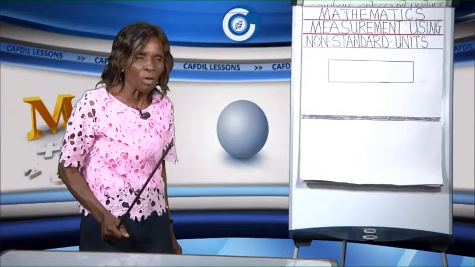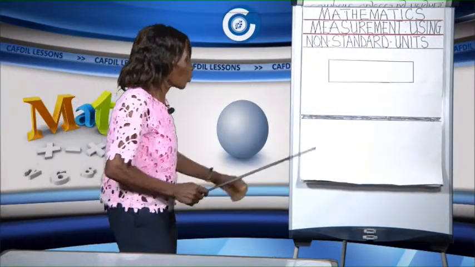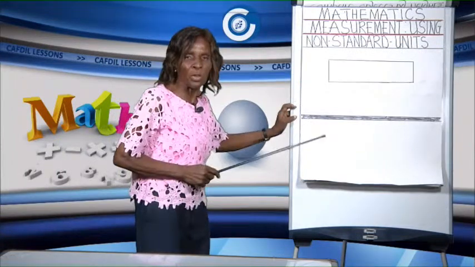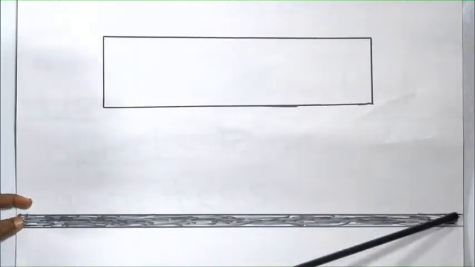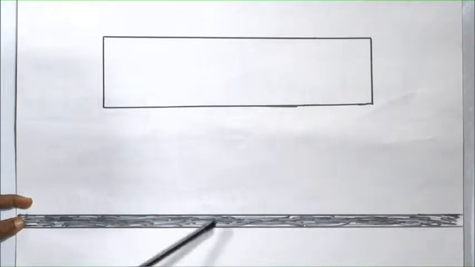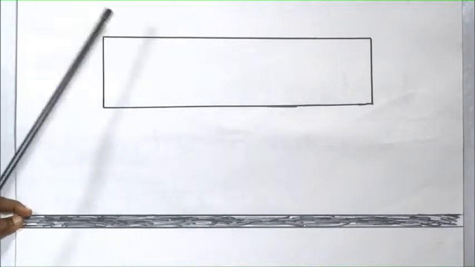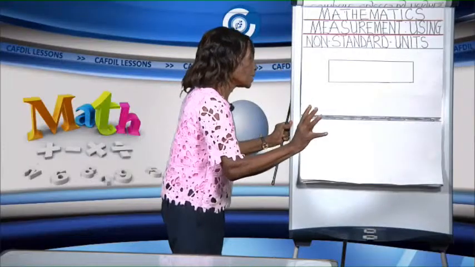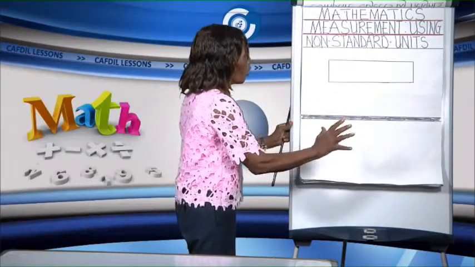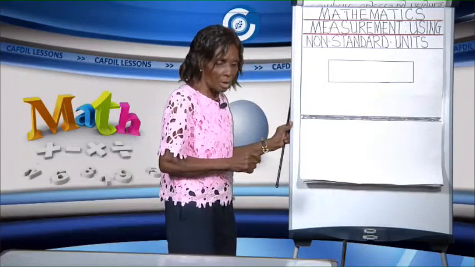Let's look on the board and see. This is the wall. Have you seen? We can either use the hand span or the foot.